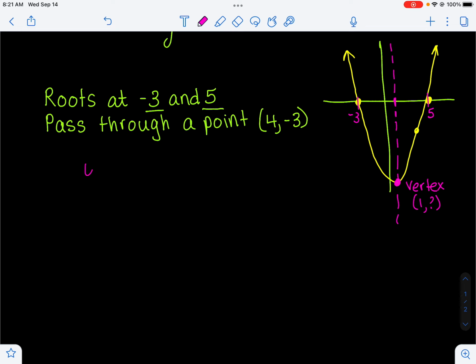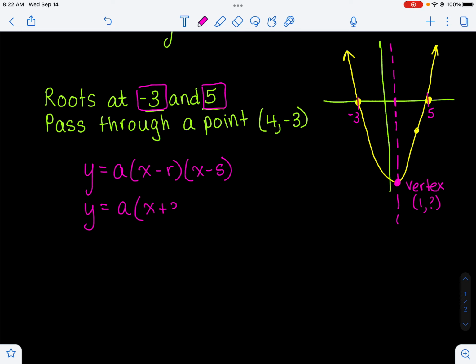You know how there's a factored form for a quadratic? x minus r, x minus s. This is kind of what a factored form equation would look like. Well, since I know what my two roots are, I'm going to use factored form to help me find the equation of this parabola. So I'm going to enter them in opposite ways.